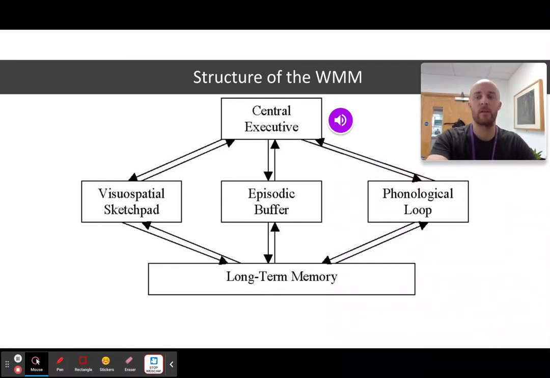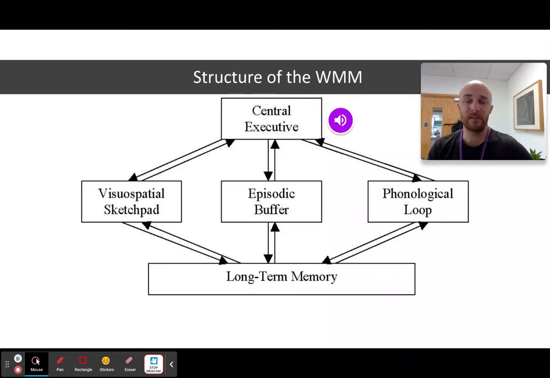Now there is a voice note on here, and I recommend you look through or listen to that voice note, but this is basically the working memory model. It's an inference, an educated guess about how short-term memory works and the processes and mechanisms within short-term memory.